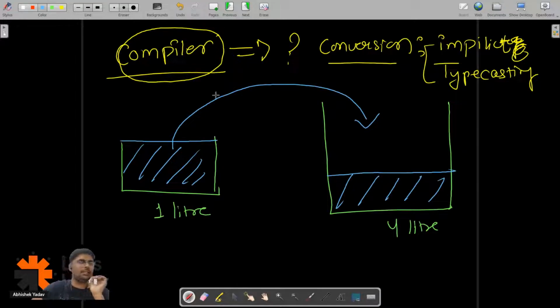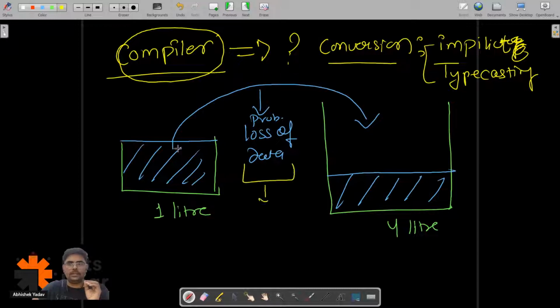So guys, can you tell me, is there any chance of loss of data if I am doing such a conversion? If I am transferring the water from the smaller bucket to the larger bucket, is there any loss of data? Please write in the chat. No, right?